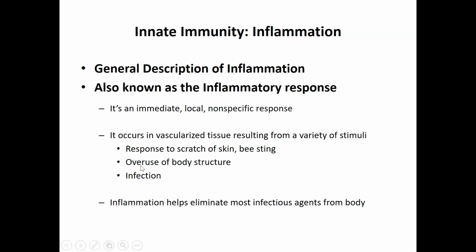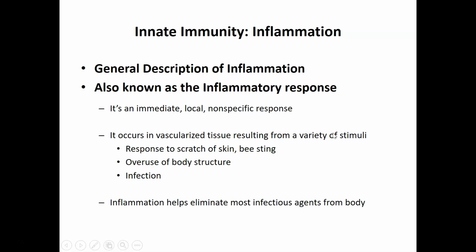For example, a pitcher pitching a long game will have inflammation of the shoulder or something in the pitching arm. Tennis player, same thing. Overuse, infection, or some kind of agent such as a bee sting or something like that.